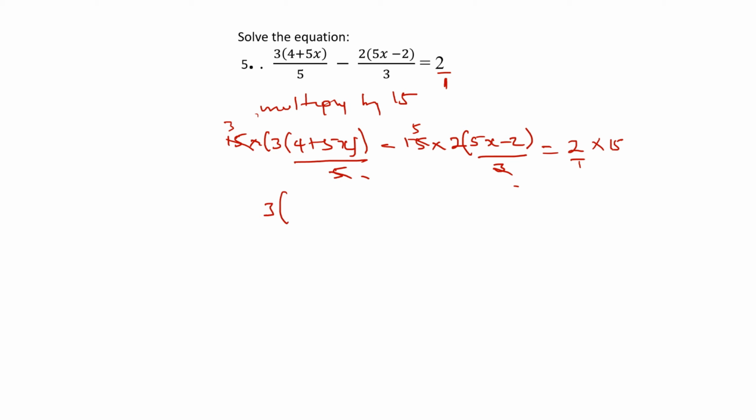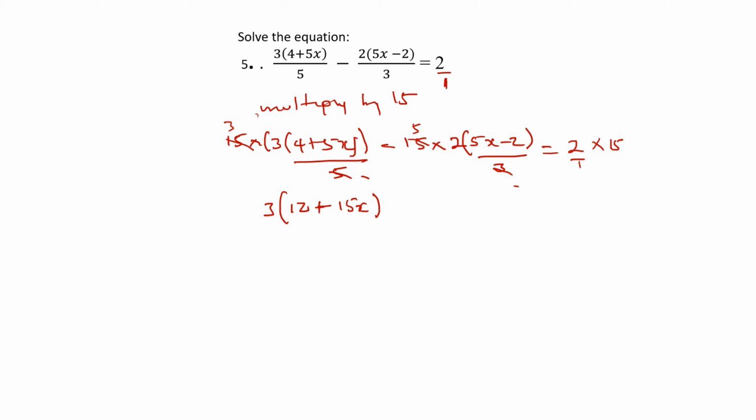in bracket. Let's try to expand this first bracket. 3 here multiplied by 4 is 12. Plus 3 multiplied by 5x is 15x.